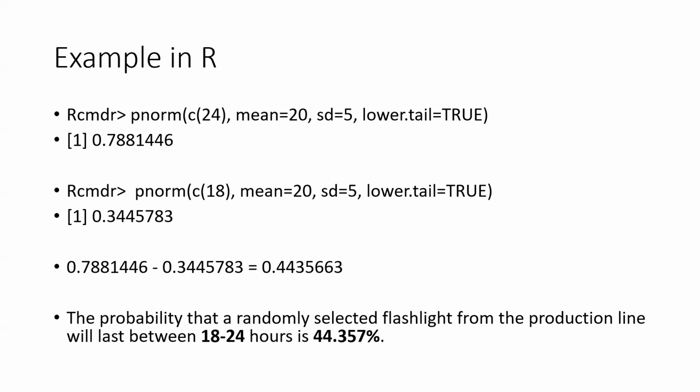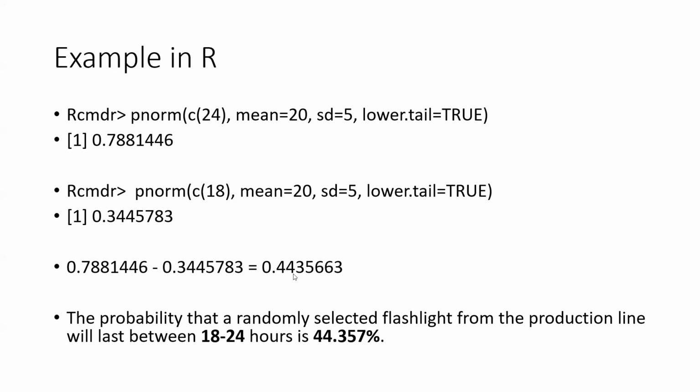And the reason that we use these values is these are the values that we were given from the word problem. Remember, mean of 20, standard deviation of 5, data is normally distributed. That's why we're using these values here. So we subtract the one value from the other, and we come to this value here. We then have to turn this into a percentage.